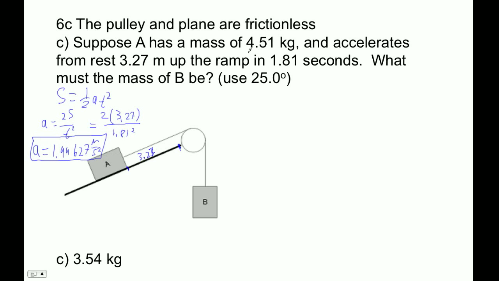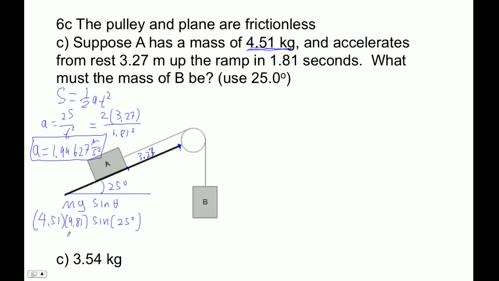Well, we have the mass of A, right? So it seems like a logical thing to do is to find that parallel force down the plane. That's going to be mg sine theta. So I'm going to go 4.51 times 9.81 times sine of 25 degrees. Apparently this is 25 degrees still. Seems like we need to know this.